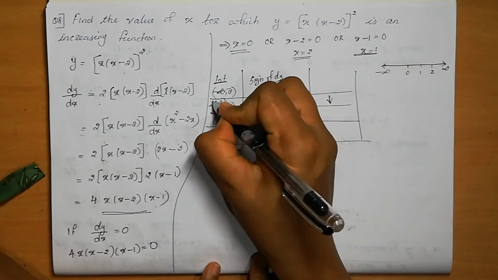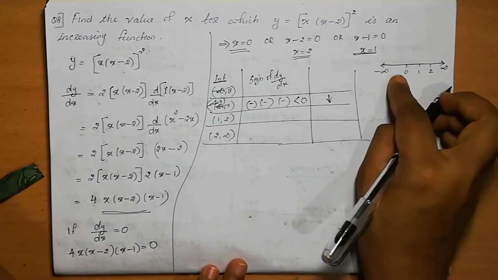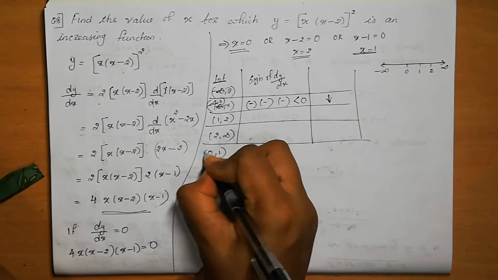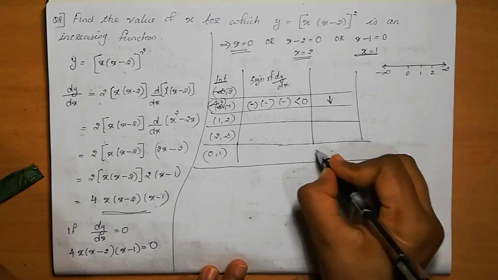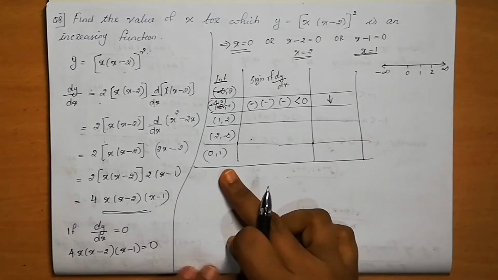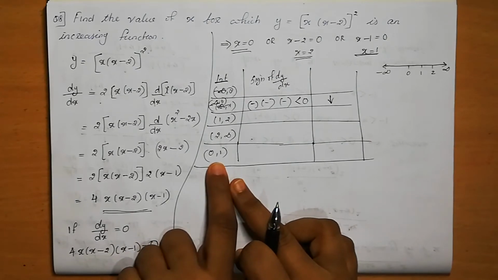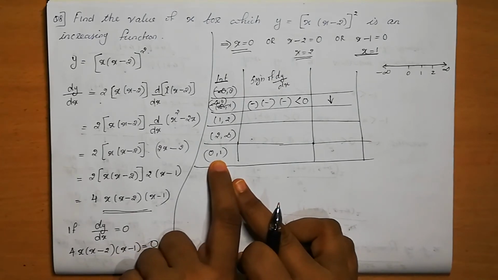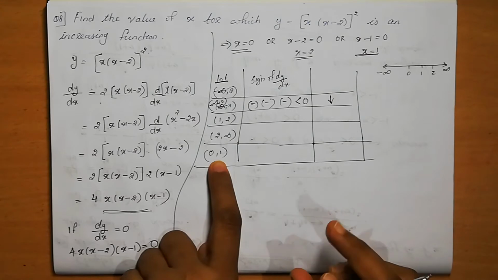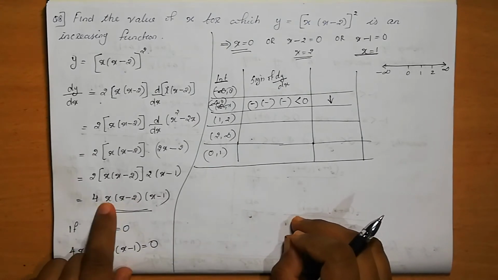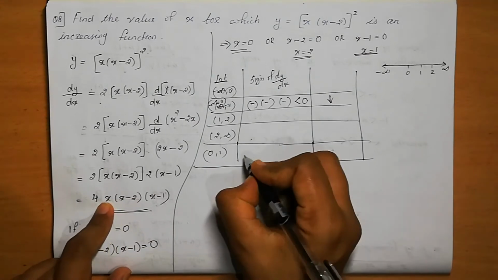So 0 to 1 I will write over here. Next interval is 0 to 1. 0 to 1 means we will consider a positive value in between 0 and 1, that means 0.5, 0.6, 0.7 like that. This x is positive.